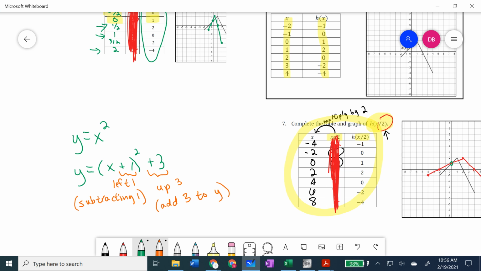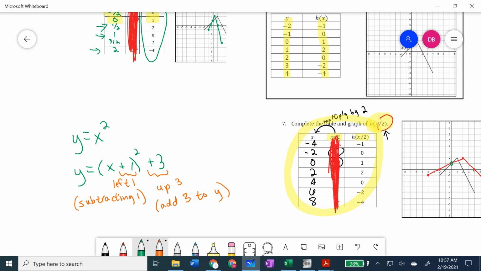So what is going to be fully presented on Monday is the issue of if you have an operation outside a function, it affects the graph's y value with the exact same operation that you see. If you see an operation inside the function that is an operation on the x input variable, that affects a graph with the opposite operation to the x's.